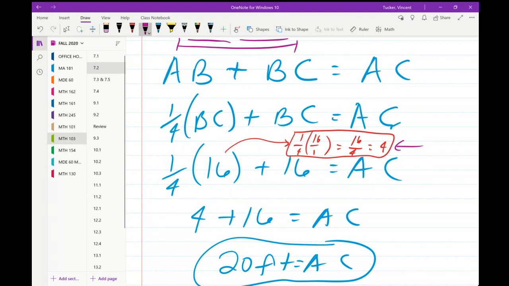Yep, good job, sir. Questions? Make sure we're okay. So they give you a piece of the segment, then they give you a relationship for the other piece, and then you just plug in accordingly. And in both of these cases, add them together.